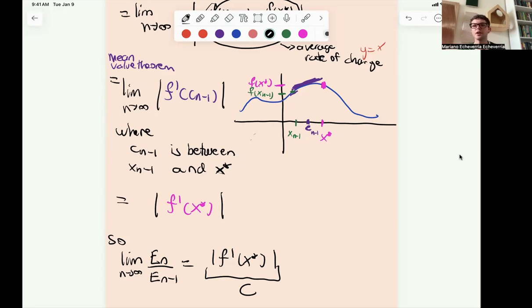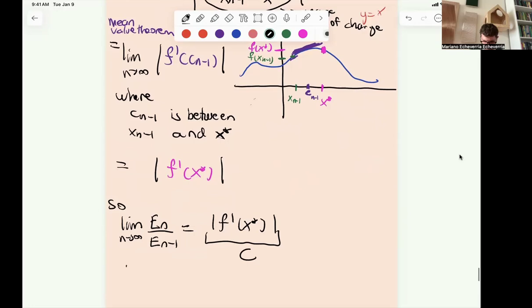So that gives you an estimate on how much the errors are changing. Remember, in the fixed point method, the derivatives were less than 1 because it was a contraction. So the limit is actually more interesting, right? This is saying that the ratio of the errors is less than or equal to our constant of contraction.